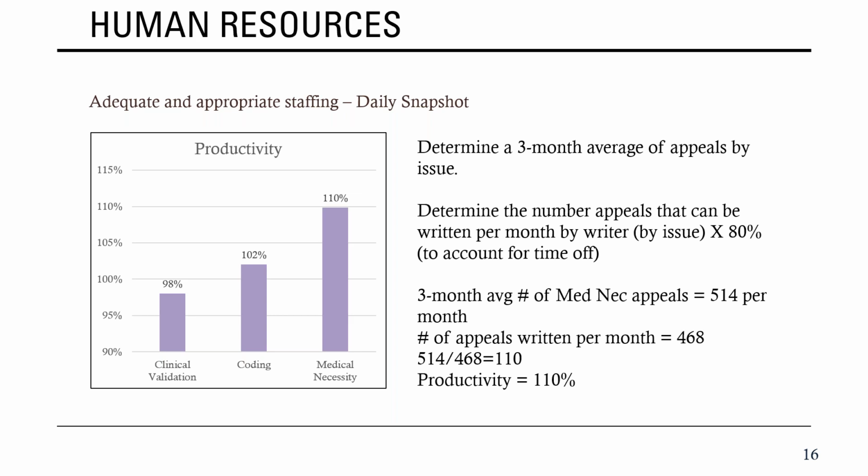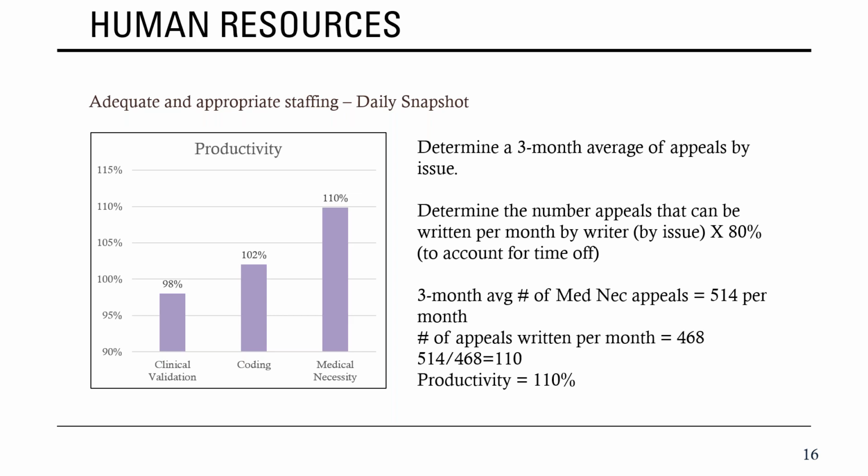So I would average it out over 3 months, because you want to ride out those highs and lows and not be so reactive that you're constantly trying to bump up or decrease your staff. Because if you have too much staff, that's a problem too, because you've got to find work for them to do if you have more staff than what you need to get the denials done. So look at a 3-month average.